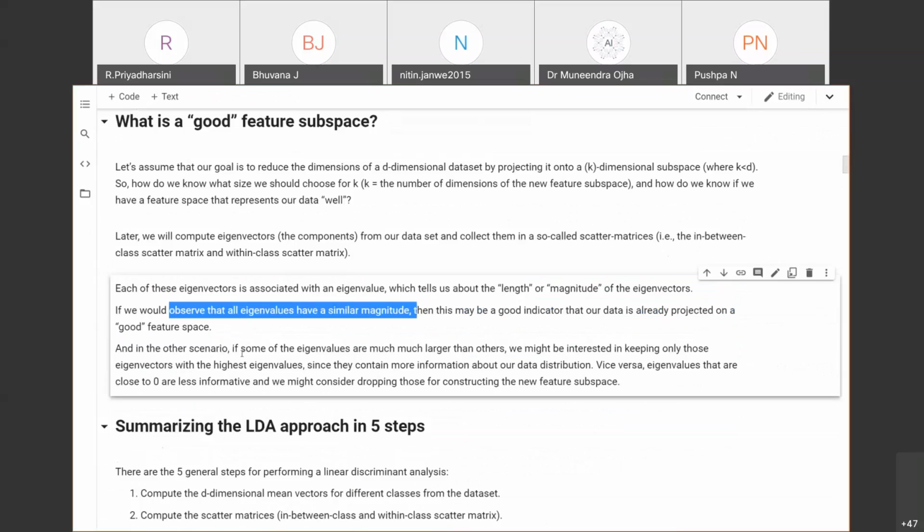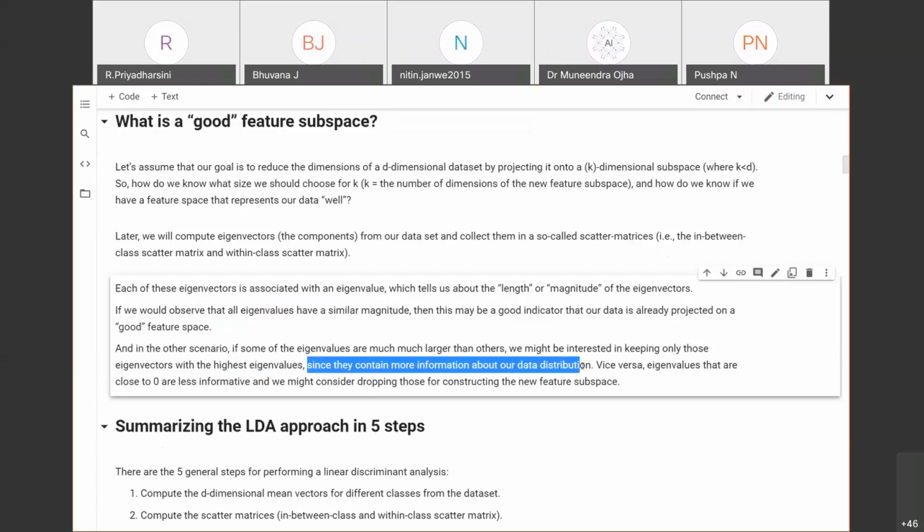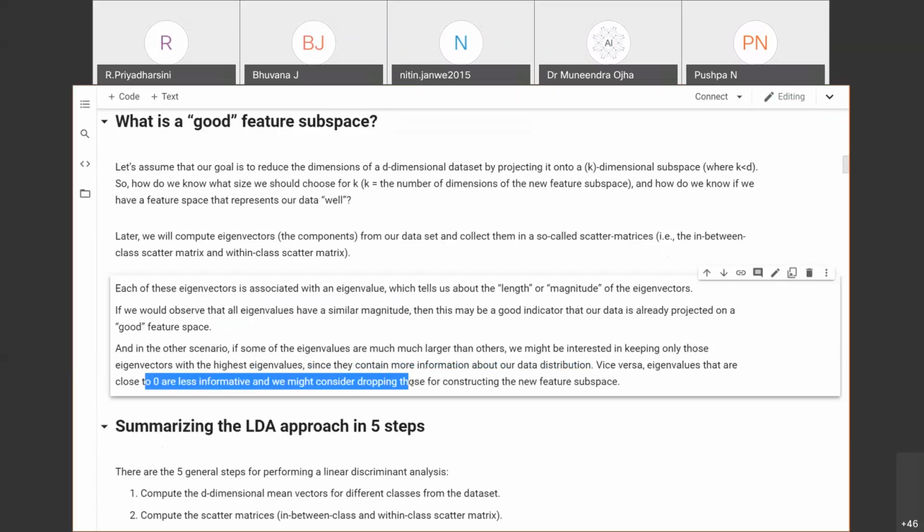In the other scenario, if some of the eigenvalues are much larger as compared to others, we might be interested in keeping only those eigenvectors which have the highest eigenvalues, since they contain the most information about our data distribution. Vice versa, eigenvalues that are close to zero are less informative, and eigenvalues with the most magnitude have the most information.